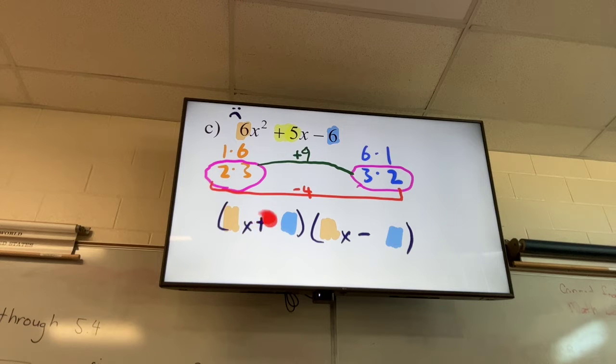So here's the plus symbol right here. Here's the plus symbol, okay? So what needs to happen here, this is going to be a positive times a positive. So in this case, we want my inner numbers right here, because this 3 is going to have a plus next to it when we put that 3 there.